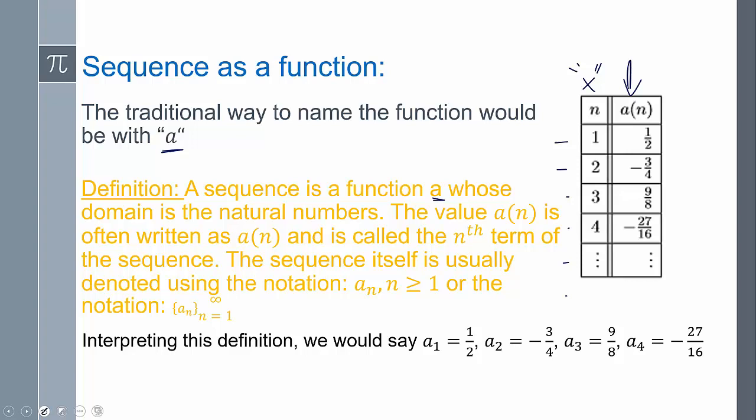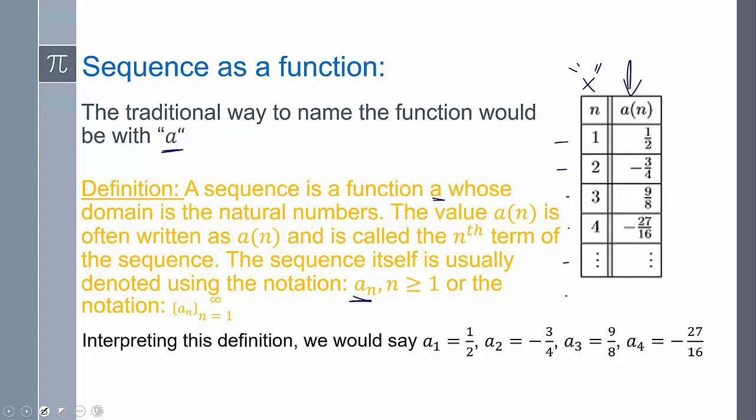And we say that the nth term of the sequence is going to be whatever highest possible term that we're going to go to. So the sequence itself is usually denoted by this notation. So we're going to have some a sub n here. That is referencing either a formula or some sort of notation.